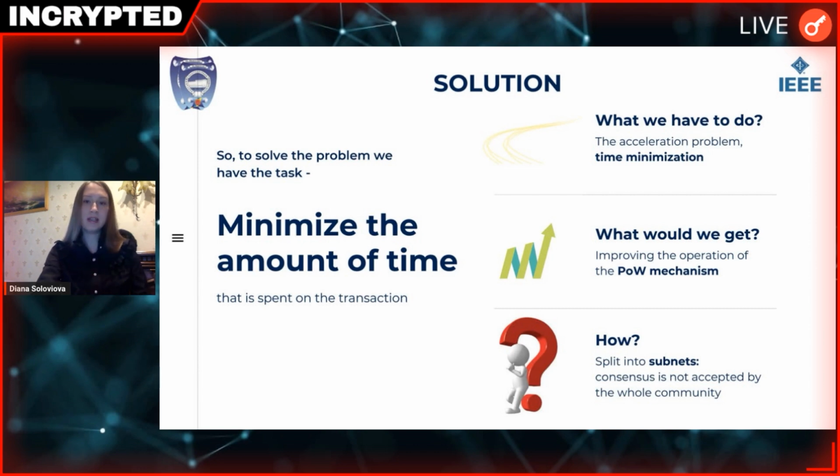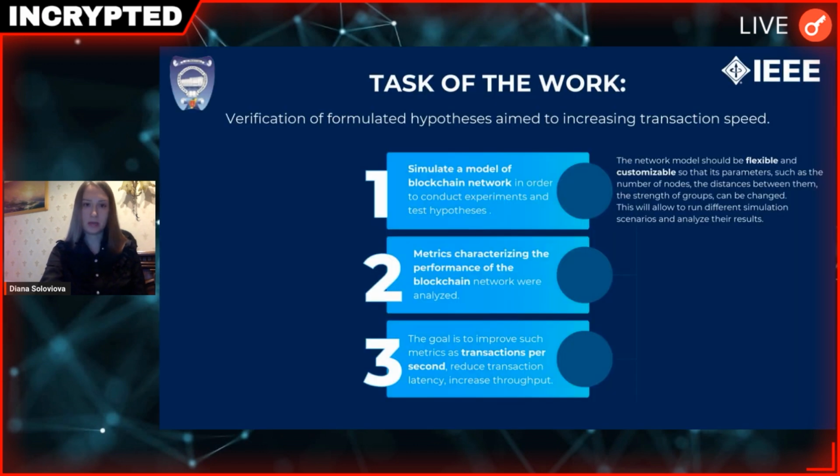And we would get an improvement in the operation of the proof of work mechanism. So we have the task of verification of formulated hypotheses aimed at increasing transaction speed. For verification, it is proposed to simulate a model of a blockchain network in order to conduct experiments and to test hypotheses. The network model should be flexible and customizable.